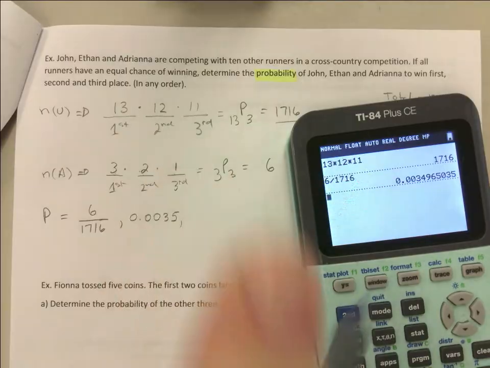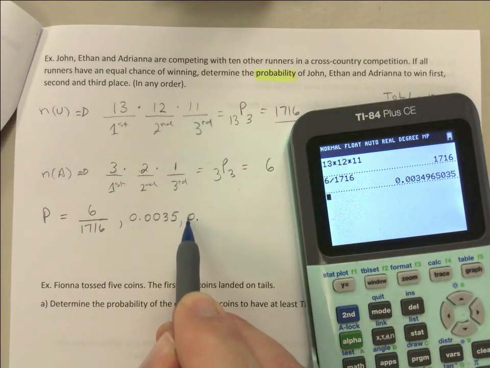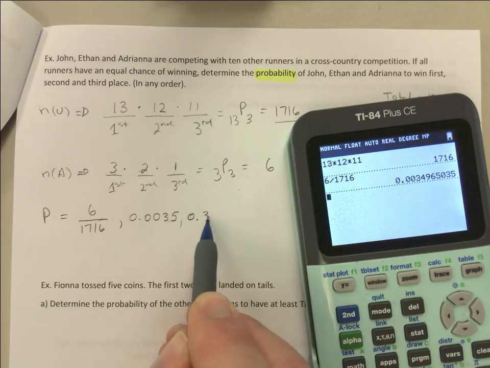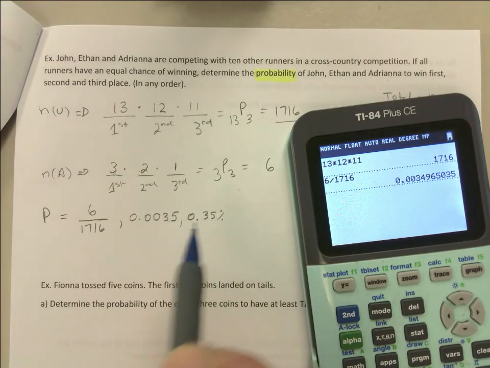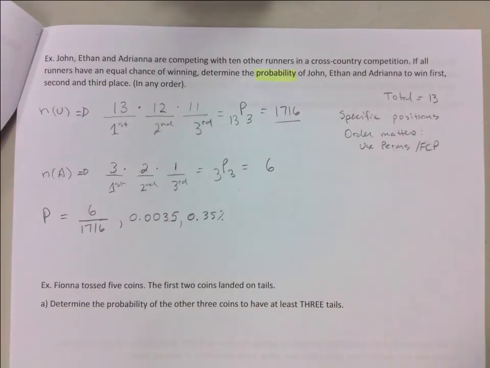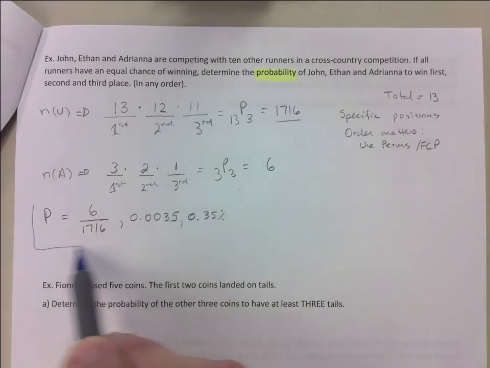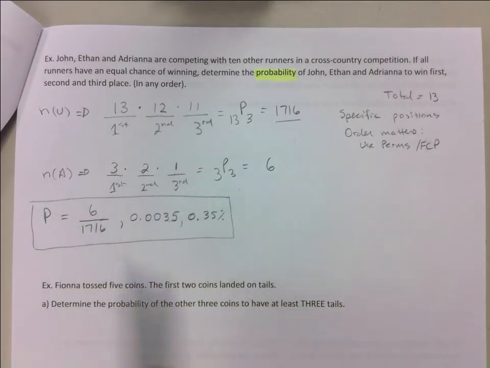Can't have that. And if you multiply that by 100, that'd be 0.35%. So clearly identify your final answer when you're writing the exam. Show your work, yeah, that's all good, but then at the end, if there's lots of stuff happening, clearly identify your final answer.